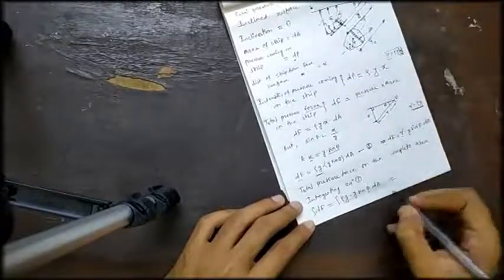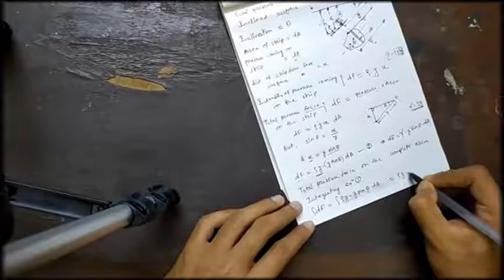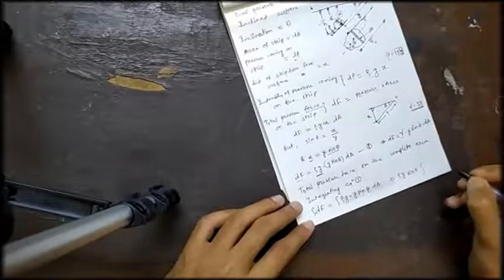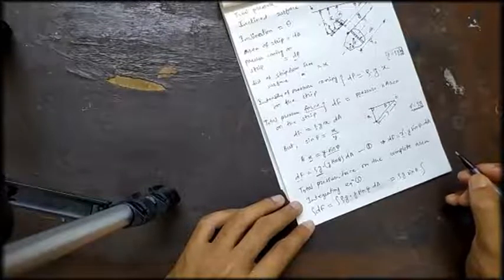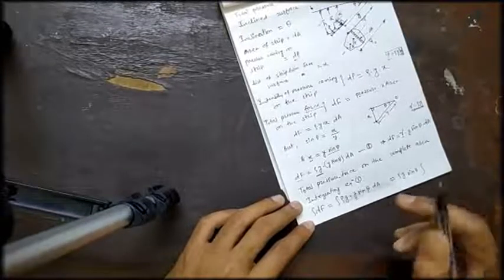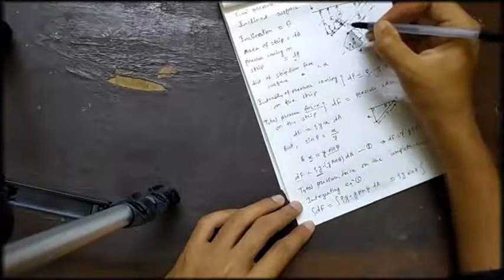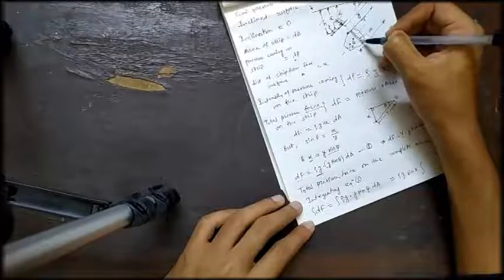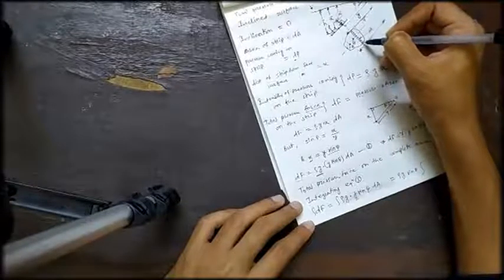So rho g sine of theta are the constant terms.